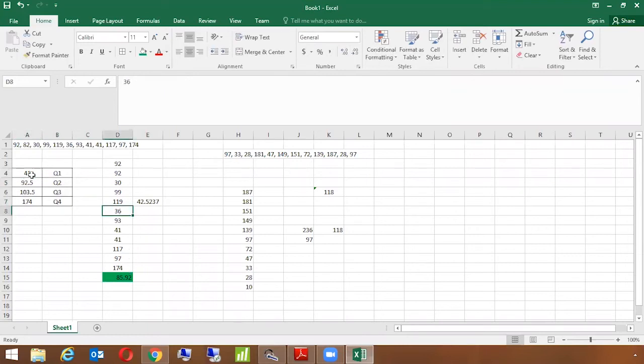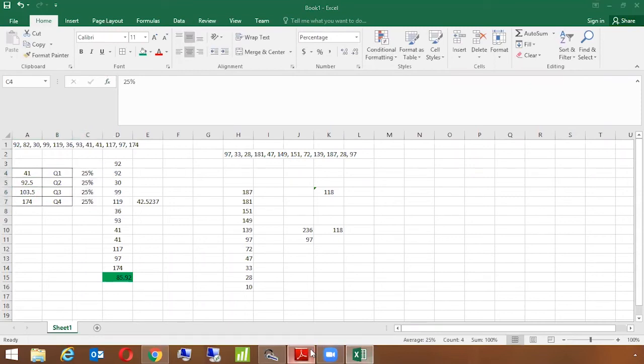So 36 to 41 is the first 25%. 41 to 92.5 is up to Q2, which is 50%. 92.5 to 103.5 is my 75%. And 103.5 to 174 is my 100%. So this is how the quartiles are calculated.